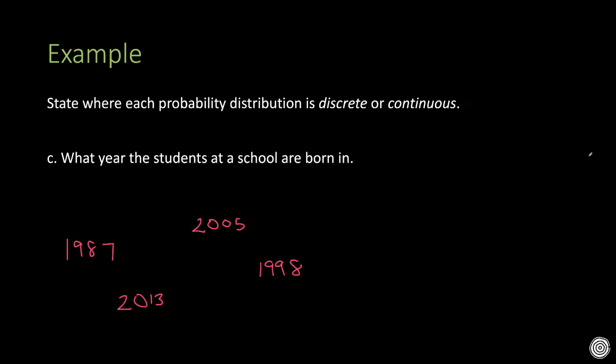Even if something is infinite, it doesn't make it by default continuous. As long as it can be given a distinct value, it is discrete. So in this case, because I'm asking what year is it, there is no doubt about it. If they were born in 1987, they are born in 1987. They're not born in 1987.7654. Okay, they're born in 1987. So in this case, it is discrete.